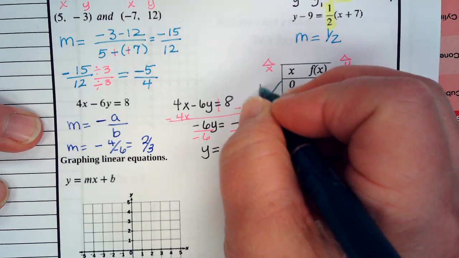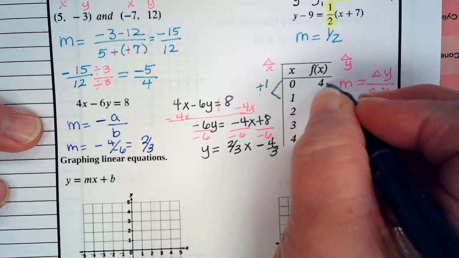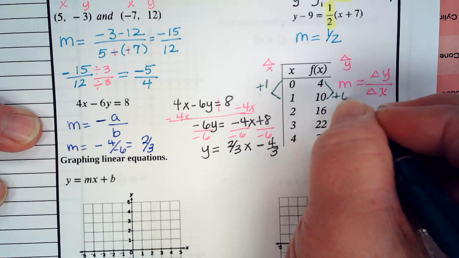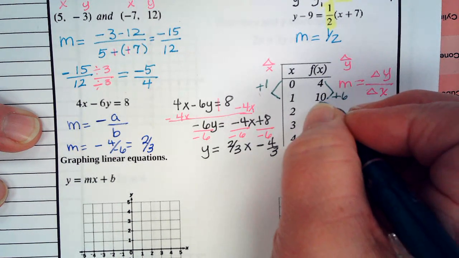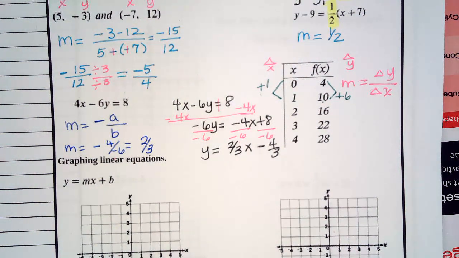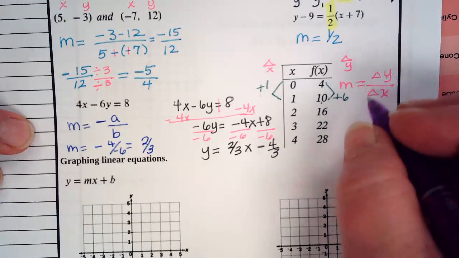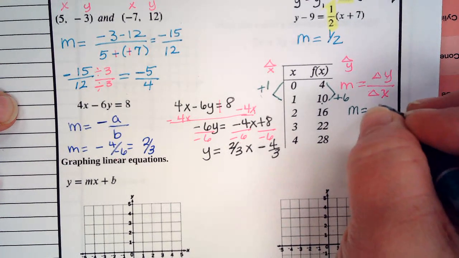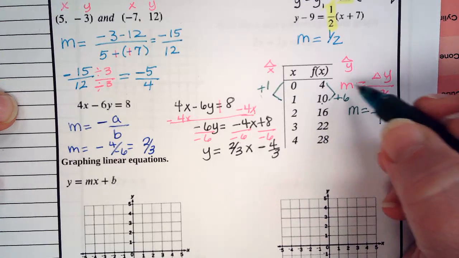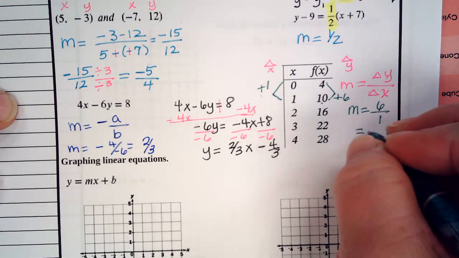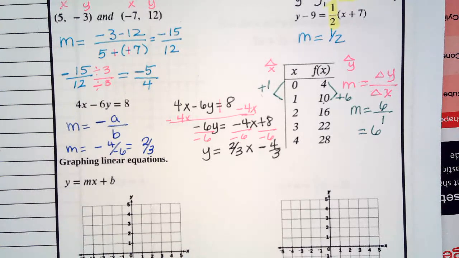From 0 to 1 is plus 1. On the y side, what do I go up by? That's plus 6. 4 plus 6 gives me 10. So my slope is equal to 6 over 1. Delta y over delta x, which is simply equal to 6.